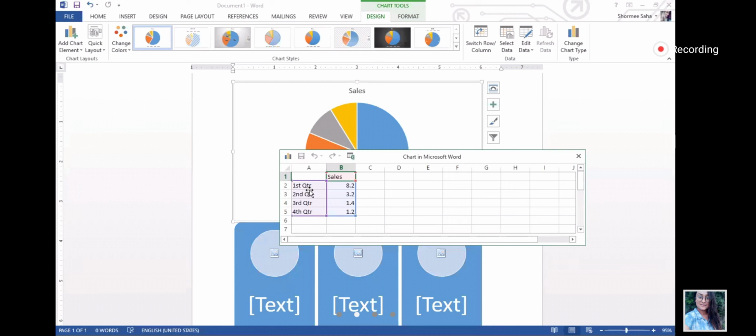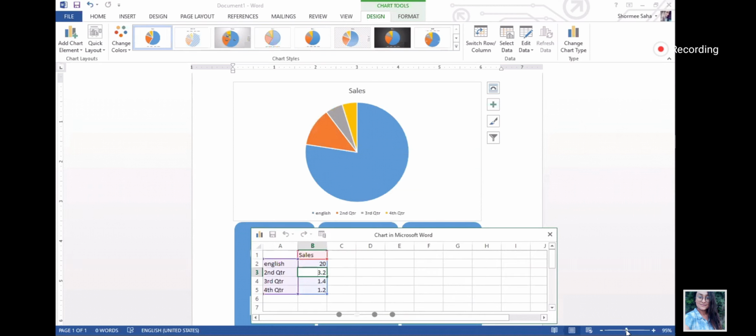Now you can see there is a small window for putting the data. Suppose I'm tracking the number of students per course. I'll write the name of the course, then the number of students, suppose 20, then for several others.